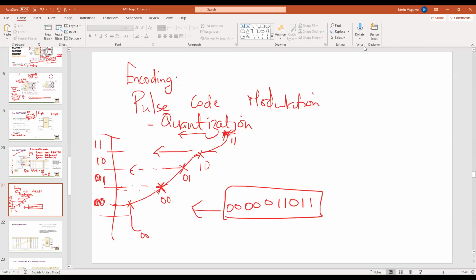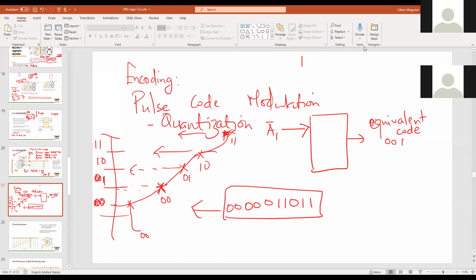So when we are encoding within digital circuits, we have a signal coming into the input, and at the output we give it an equivalent code. That is why when it is A1, usually that is 1, and we call that 001.